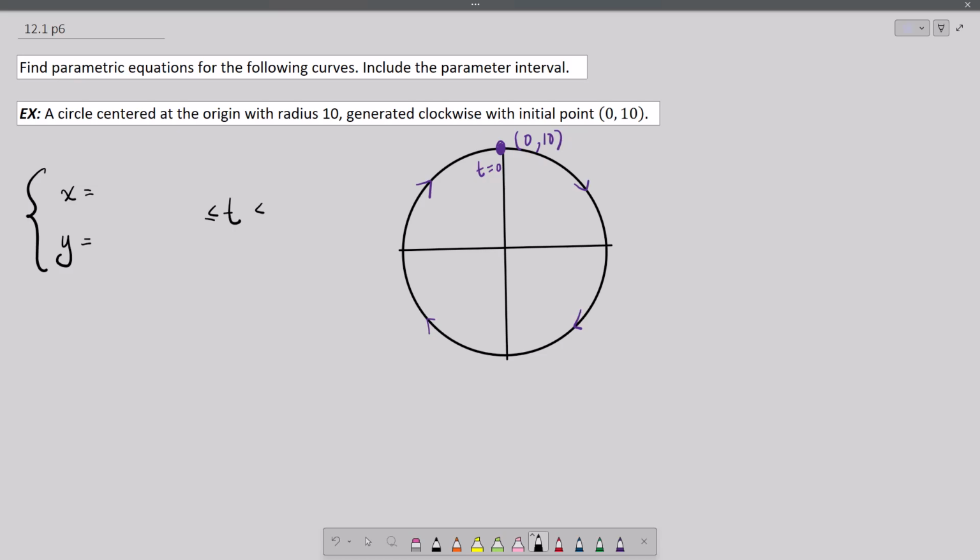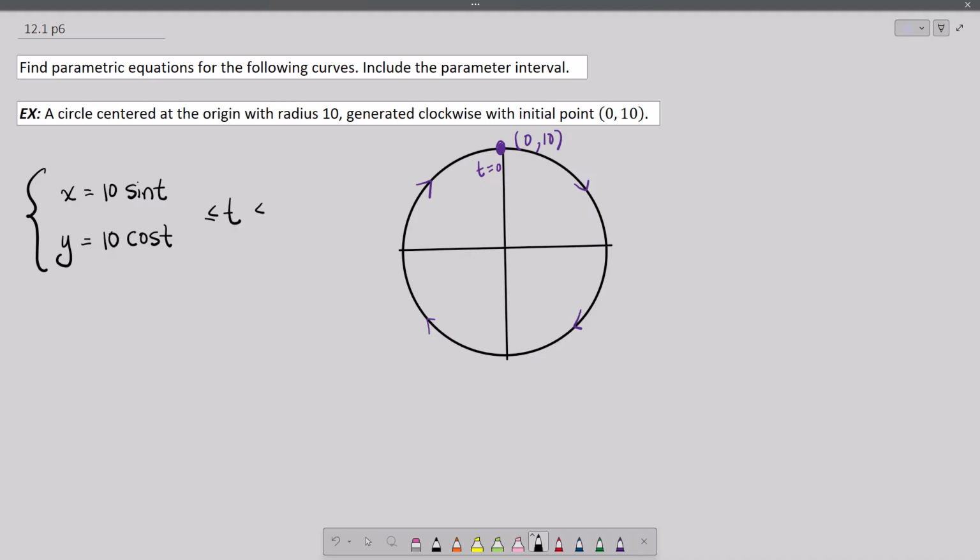So instead of doing cosine first, this is going to put us at the top instead of at the right, because we're swapping the meaning of cosine and sine. And then if we want a radius of 10, what do you think we're going to do? Multiply by 10. Whatever that coefficient number is, if both are the same, that's going to give us a circle of that radius.